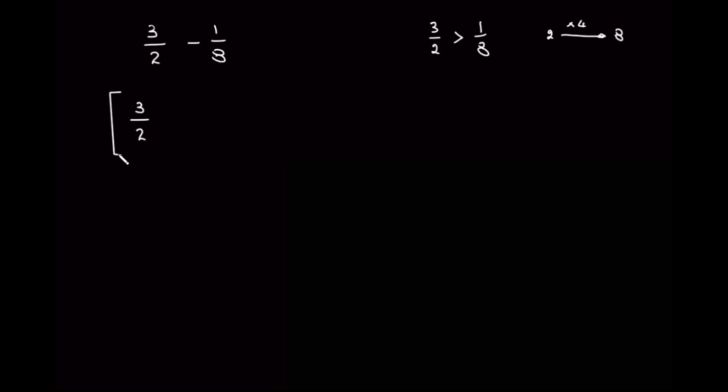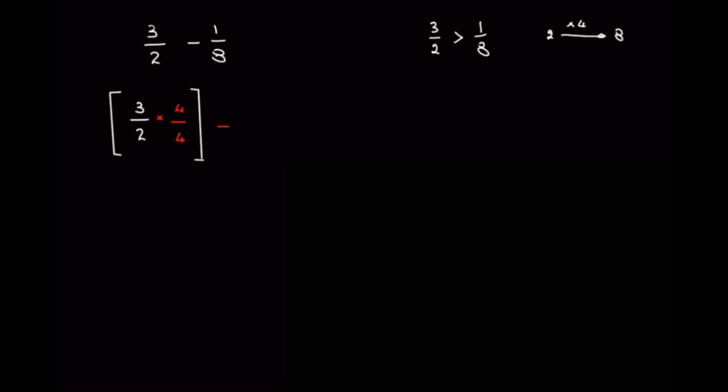It does nothing else. And let's put the other bracket in here. I want to change the 2 into 8, so I multiply it by 4. Because I multiplied the bottom by 4, I have to multiply the top by 4 as well.